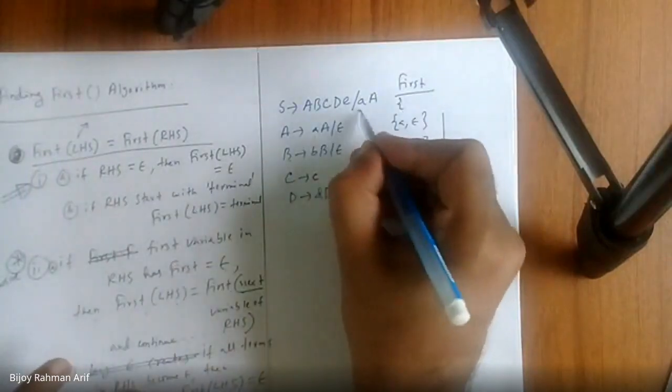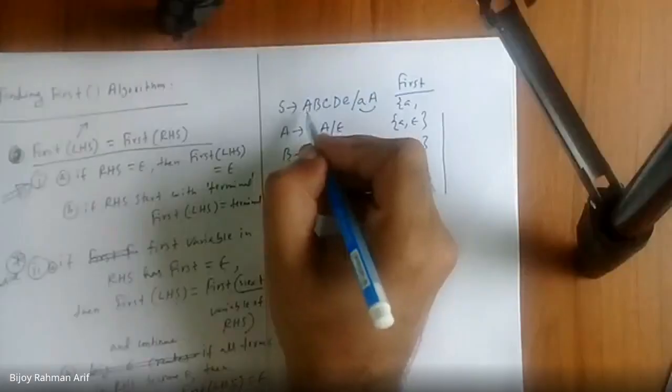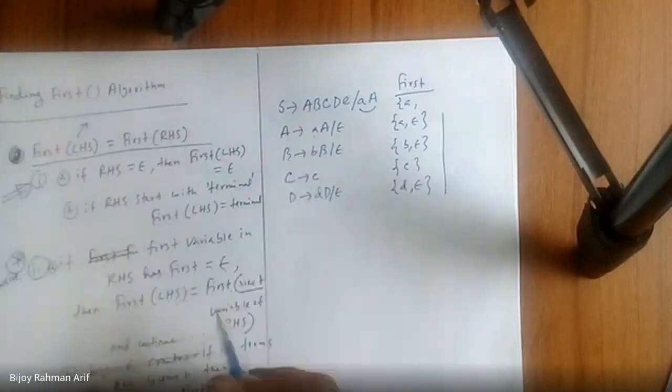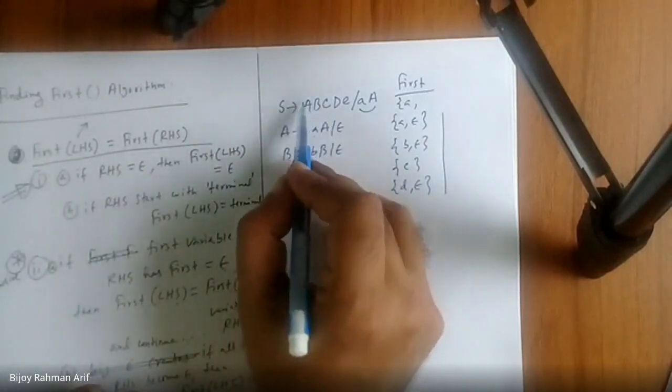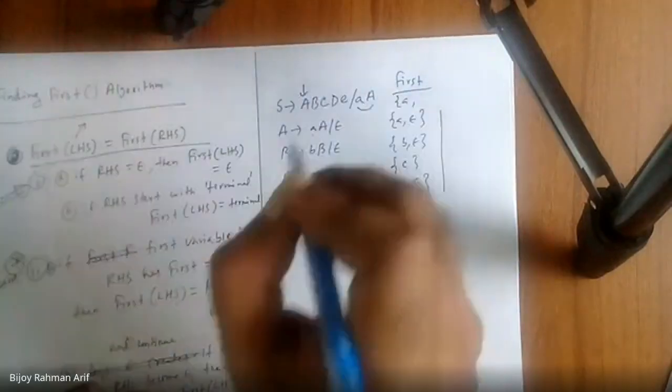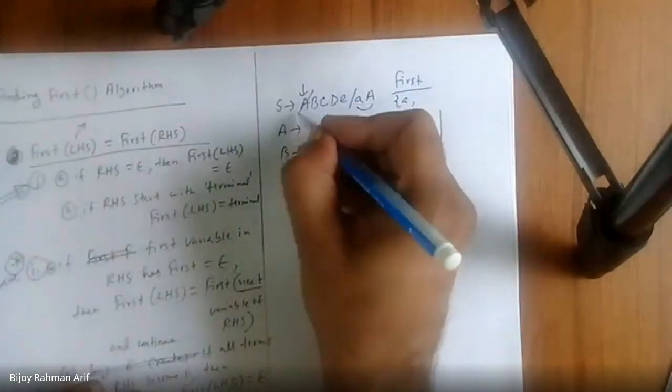So rule number 2, this second part is also very easy. What would be the first of this? A. Am I right? Yes, sir. Now let's go to the second one. First of S is nothing but first of RHS. And this one is terminal. What is the first of this terminal? A. Yeah, and we already figured out epsilon. It is already there, so no need. If you put epsilon, this one is cross out.